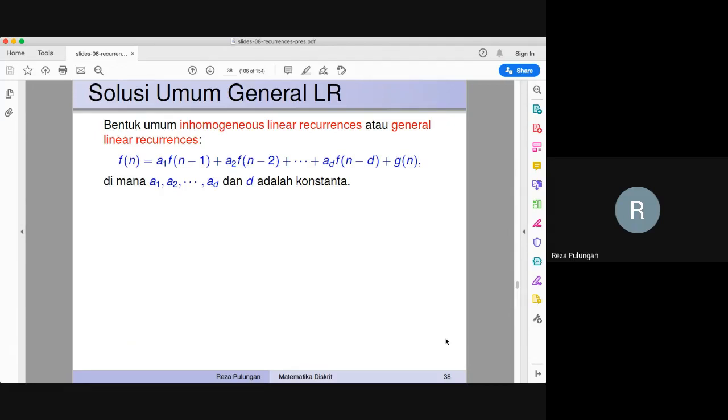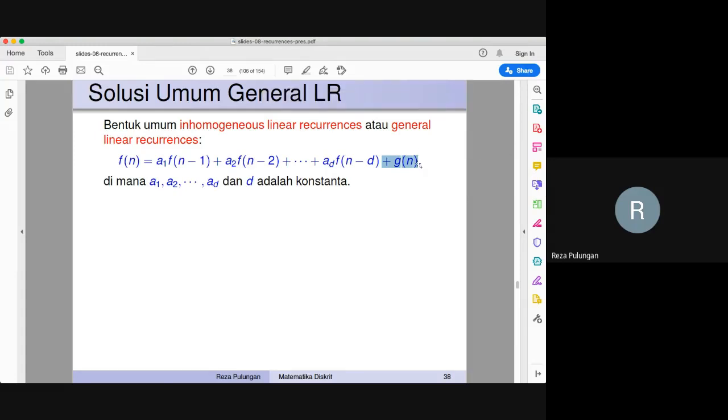The only difference is that in the inhomogeneous linear recurrence, there is something here that is not of the form of the recurrence. So this is a recurrence: Fn is equal to A1 Fn minus 1, A2 Fn minus 2, and so on until AD Fn minus D. And there is something left here of another function.